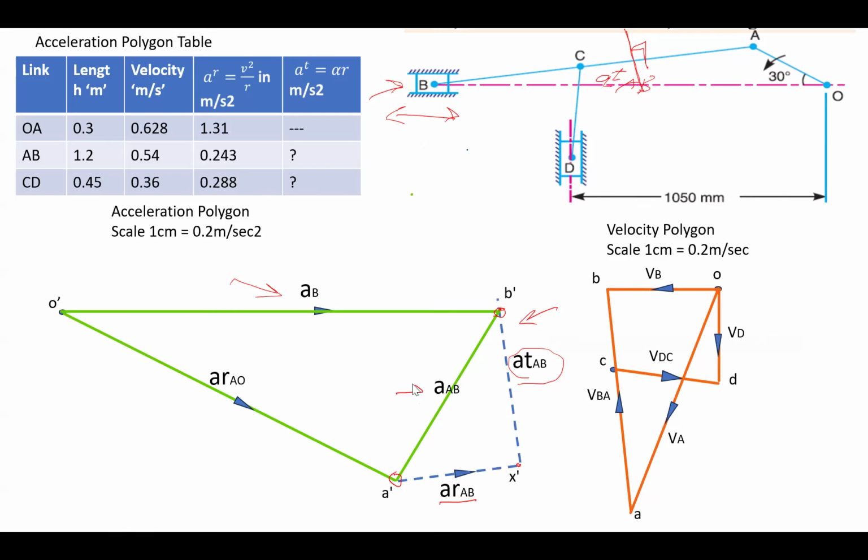Now, as in your velocity polygon, here also you have to locate the C point on the A dash B dash vector. To locate the C point on this vector, you use the equation A dash C dash divided by A dash B dash equals AC divided by AB.